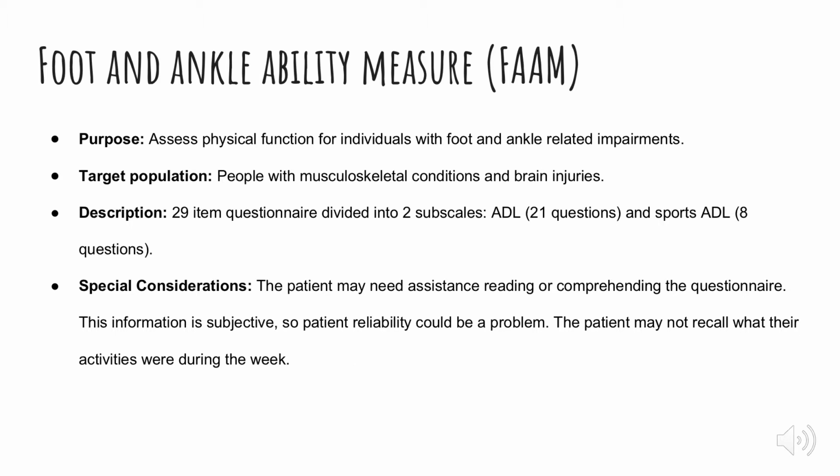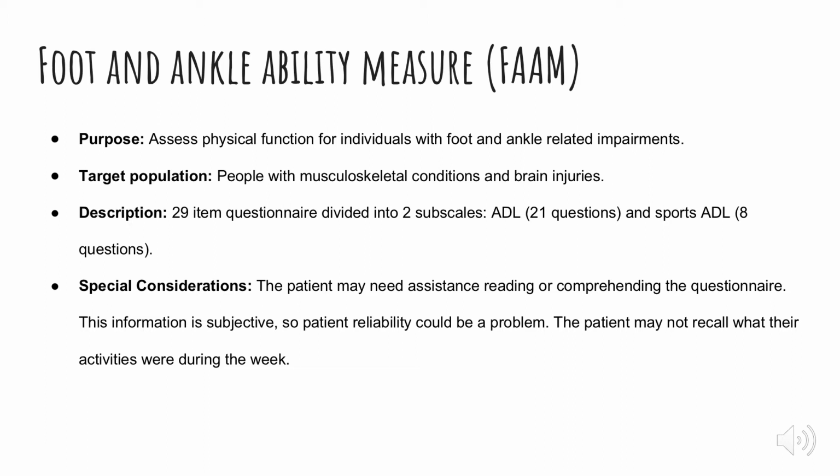To score the Foot and Ankle Ability Measure, we take the responses described by the patient's conditions within the past week, and we gather these, and the outcome is determined by a 5-point Likert scale. So the patient answers their questions based off this scale, with 4 being no difficulty performing the task, 3 being slight difficulty, 2 is moderate, 1 is extreme, and 0 is if they're unable to do the task.